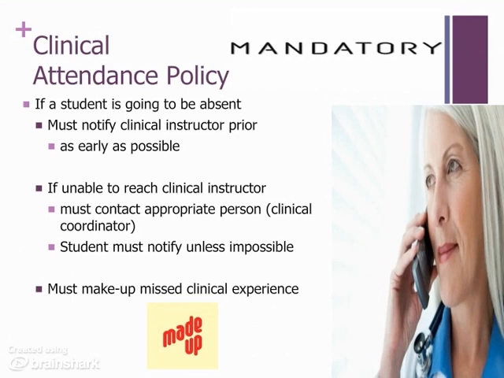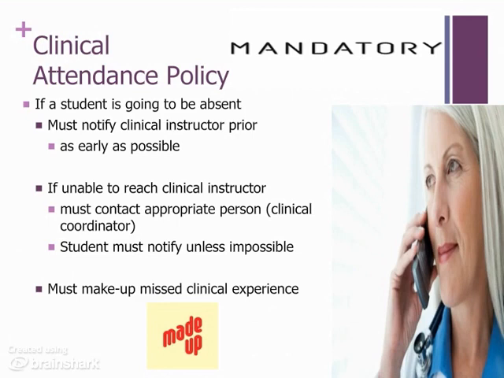Only if the student is in a particular situation, like an automobile accident, or they are unable to call, is it acceptable for someone else to call on their behalf. So they need to know that that is an expectation that you have, that they will be the one to notify.